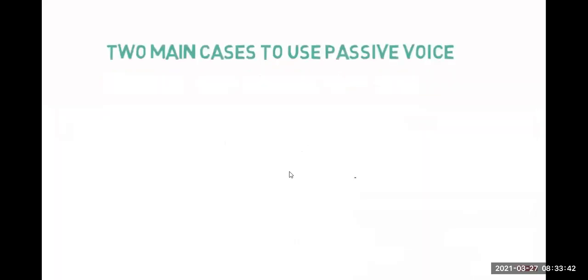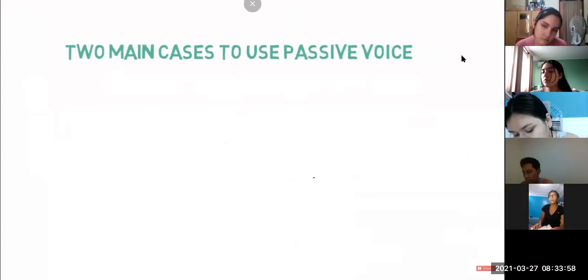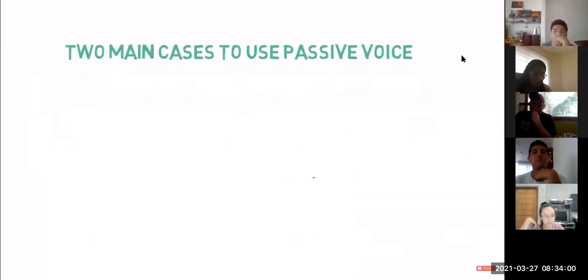Okay, it says two main cases to use passive voice. When do we use the passive voice, guys? What do you remember about this? When is it necessary to use it? Any ideas?